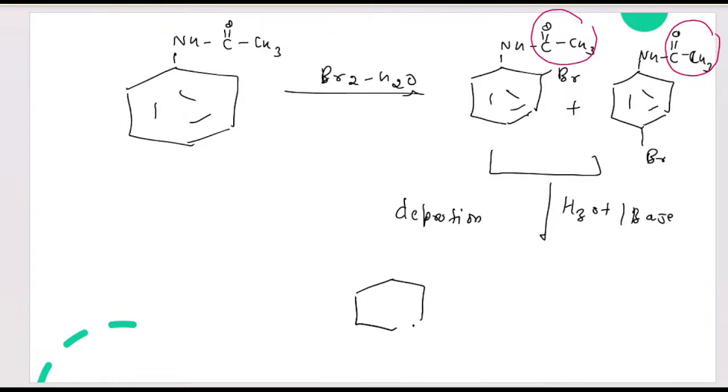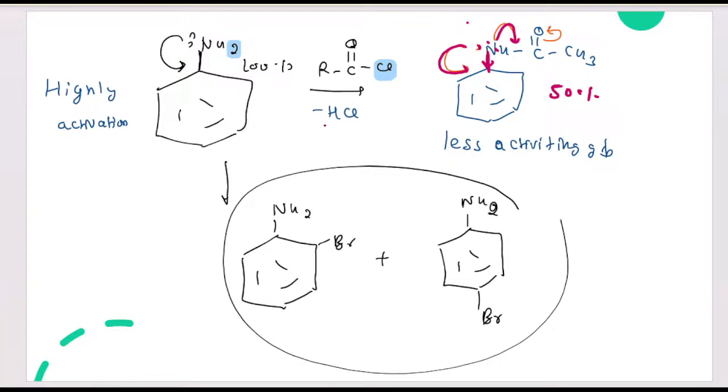The aniline is restored, NH2 restored, and bromine here. See, the problem solved. So if in a lab we are having bromine water only and we want to convert aniline directly into ortho bromine and para bromine aniline, we can go with the protection part.